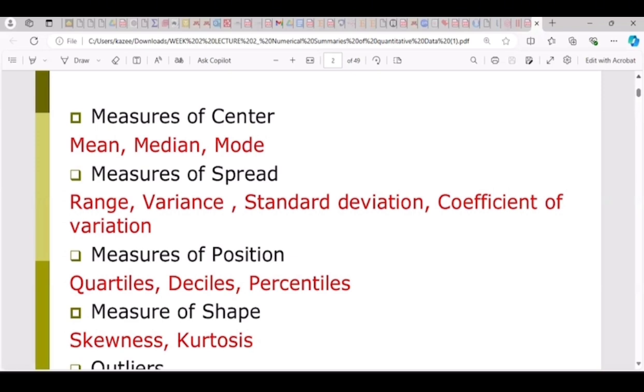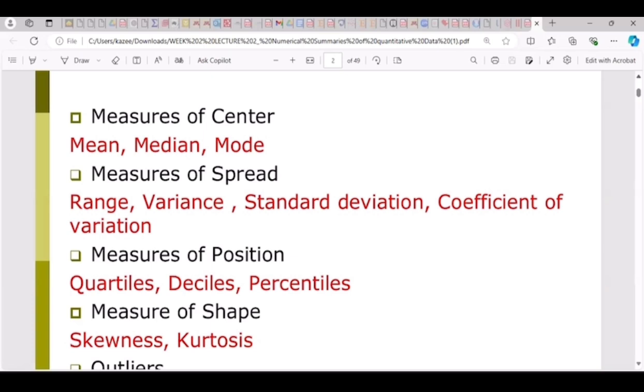We want to identify the position a particular data point lies or falls in relation to the rest. We have the quartiles, the deciles, and the percentiles. That is what they do, to locate a particular data point in relation to the rest, the position occupied.